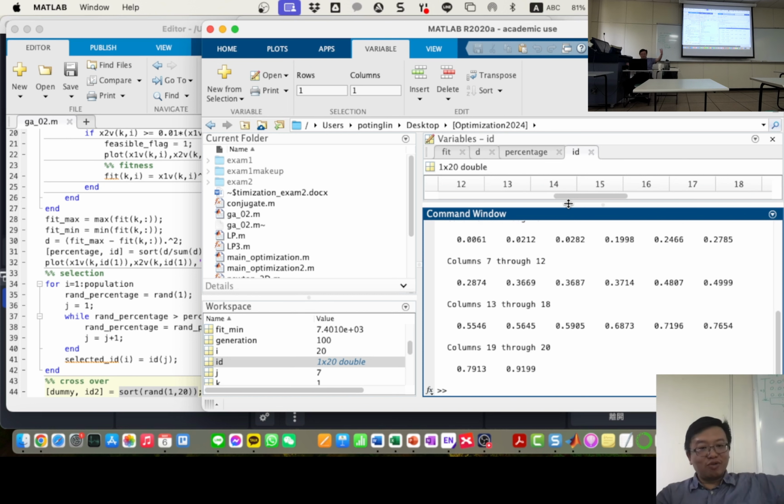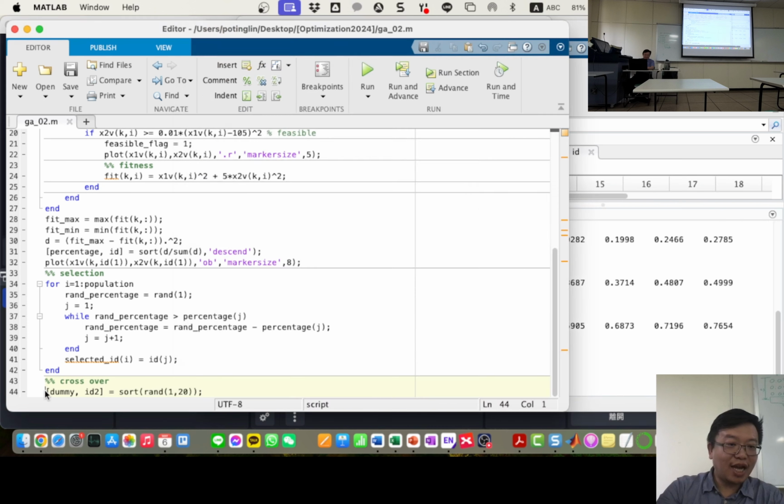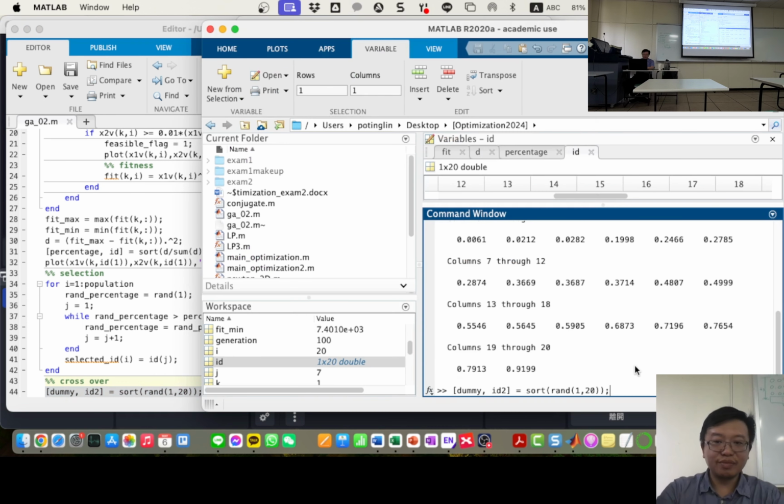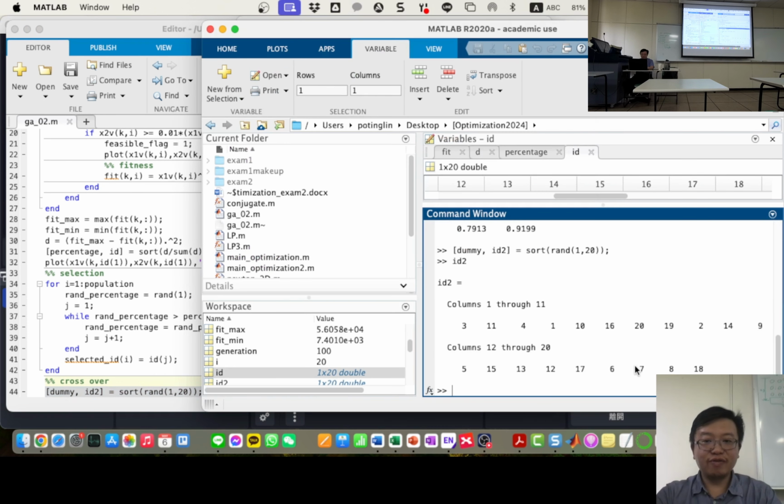Now, since they are randomly generated, if I sort and keep the ID after sorting, then I will have a bunch of IDs, ranging from 1 to 20, and they are basically randomly sorted.